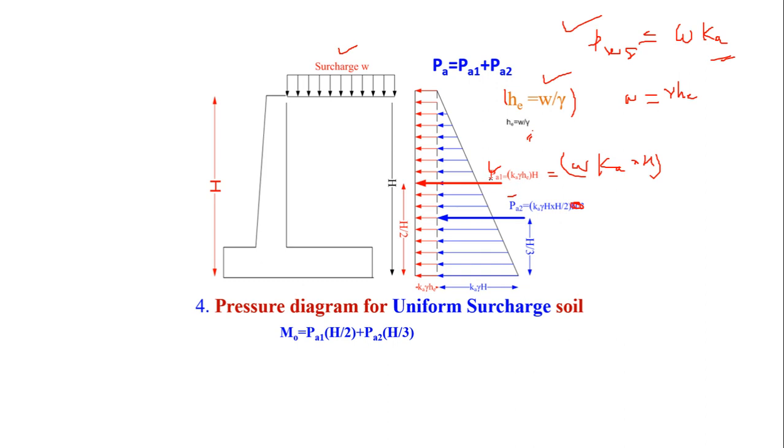The moment of PA1 is PA1 into H by 2, because PA1 is acting as a rectangle of height H, so the lever arm for that is half of H, meaning H by 2. And for the triangular portion, the moment is force PA2 into H by 3 from the base. In this way we get the moment for the pressure distribution diagram under surcharge load with horizontal backfill.